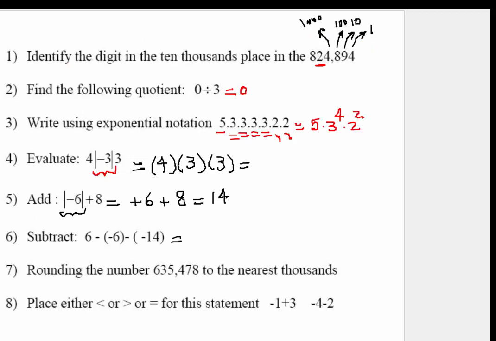So in this case, I can write this as positive, and this 2 also returns to positive. So really what I have here is 6 plus 6 plus 14.